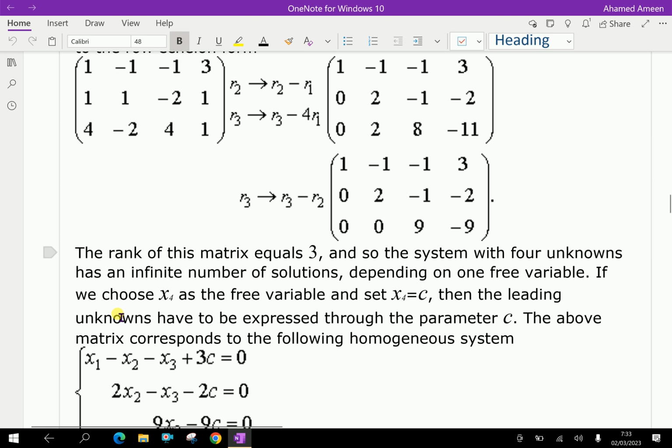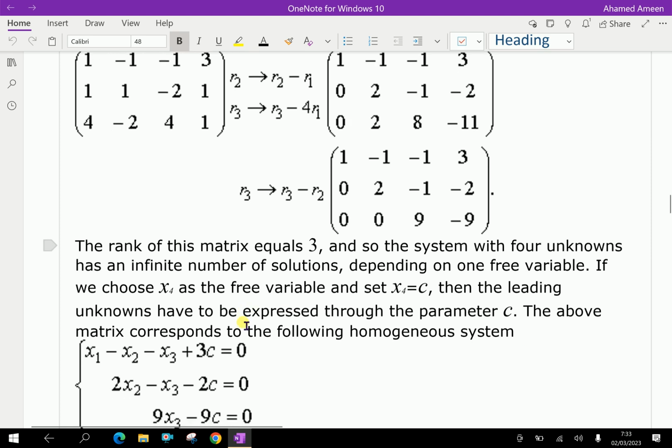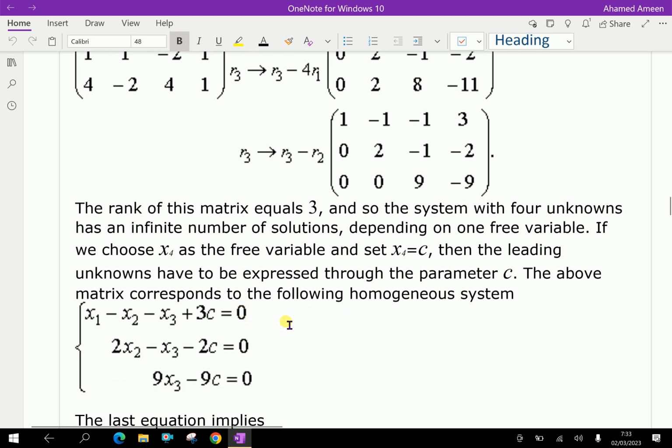If we choose x4 as the free variable and set x4 equal to c, then the leading unknowns have to be expressed through the parameter c. The above matrix corresponds to the following homogeneous system.